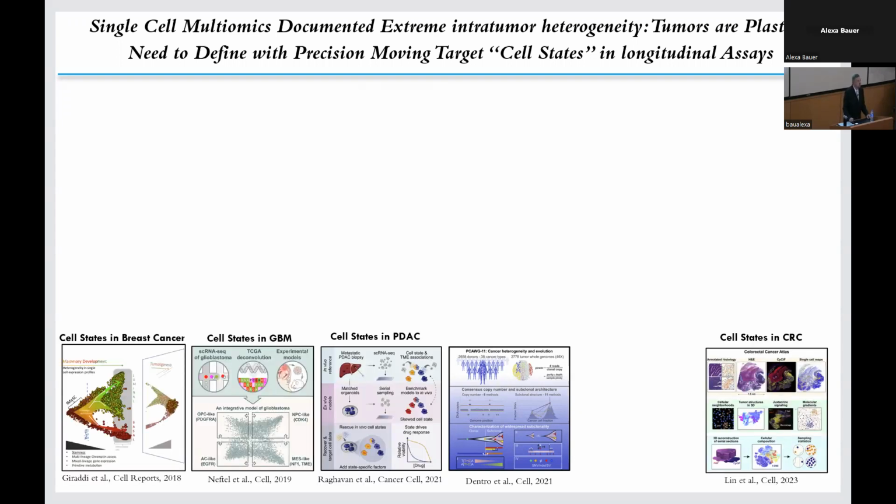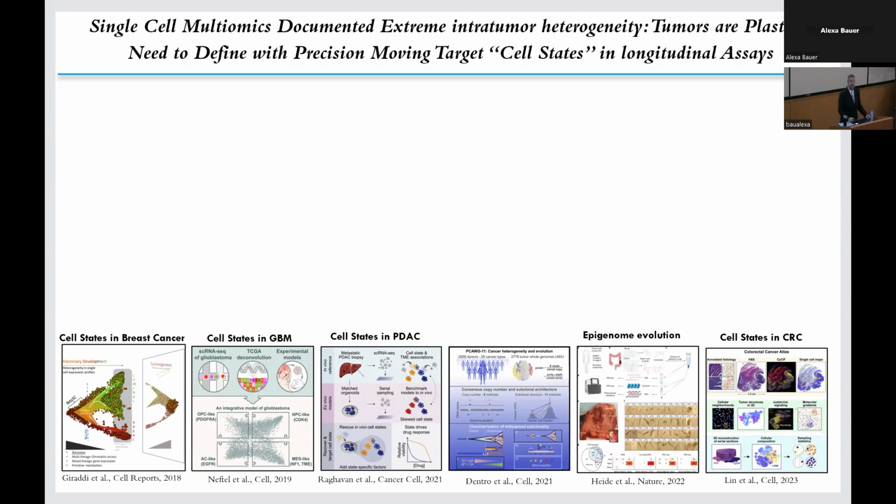Breast cancer, glioblastoma, colon cancer all have this intra-tumor heterogeneity driven mainly by genetics, but also by the epigenetic state. The epigenome is also evolving in these patient samples.